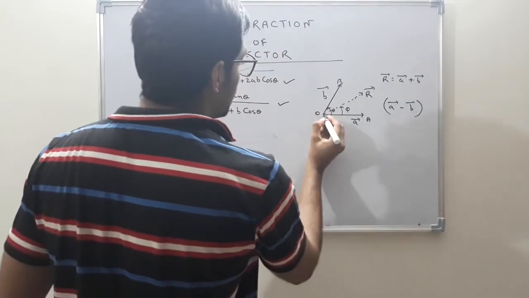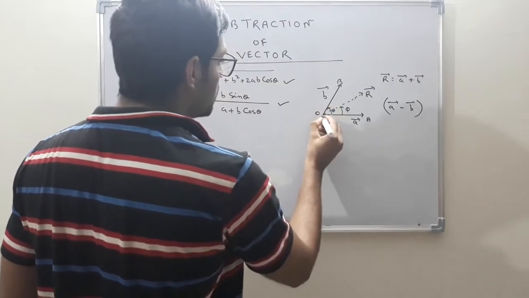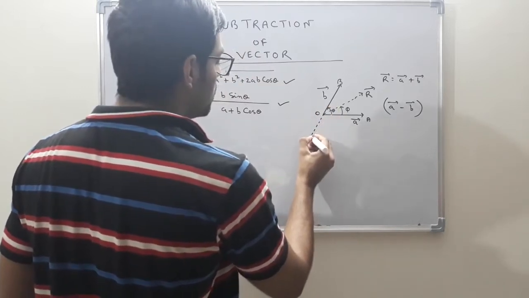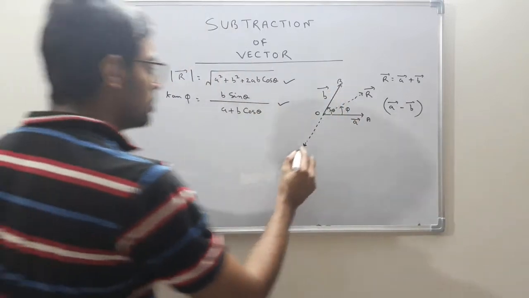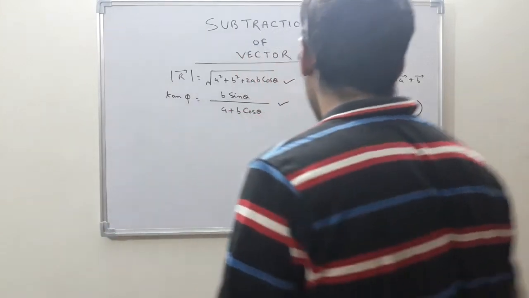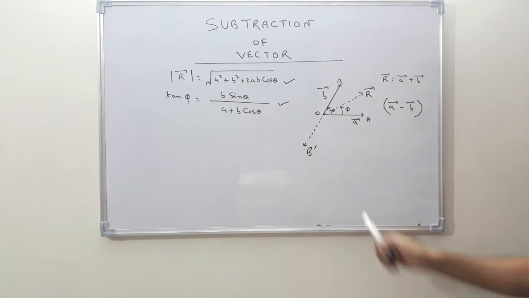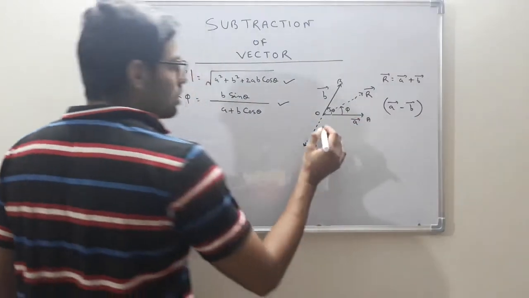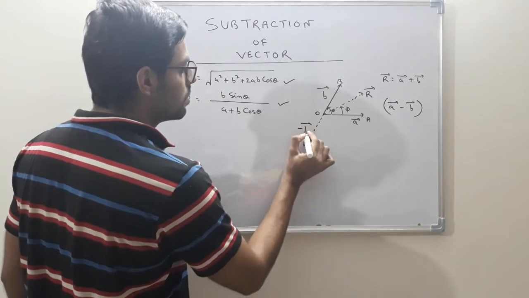You have to draw the opposite of vector B. So this is B, and suppose this is B dash. This is B and this is B dash. So OB dash equals minus vector B.